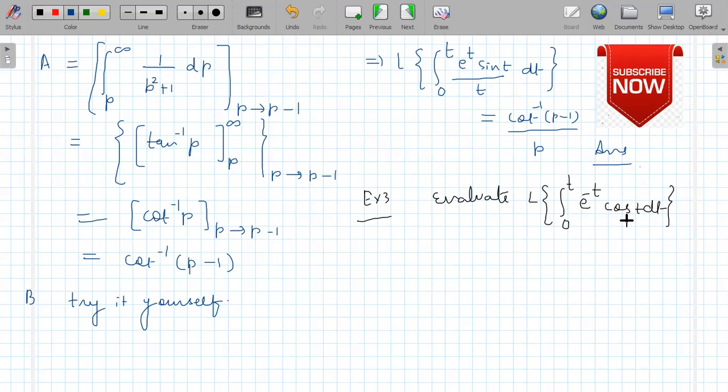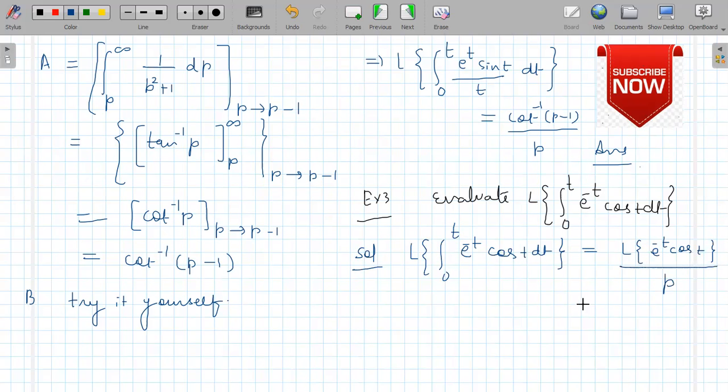Again we write that according to the definition, the value of this integral will be equal to the Laplace of e to the power minus t cos t, because this is f(t) here, whole divided by p.